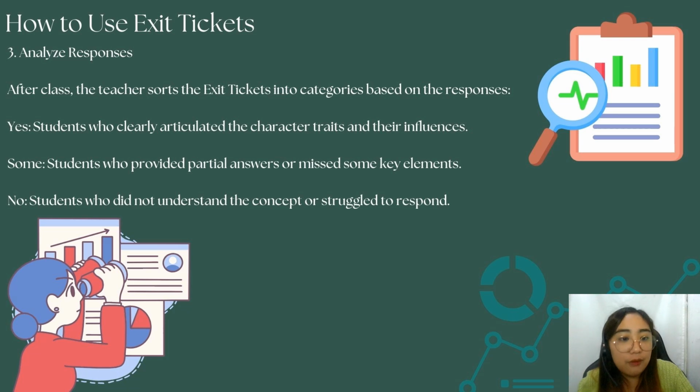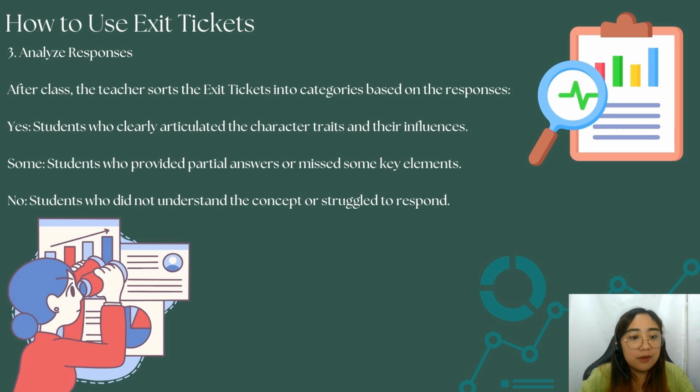For step three, after the class, you, as the teacher, should sort the exit tickets into categories based on the responses. So you could categorize this into three: yes, some, and no. For yes, you could include the students who clearly articulated the character traits and their influences.